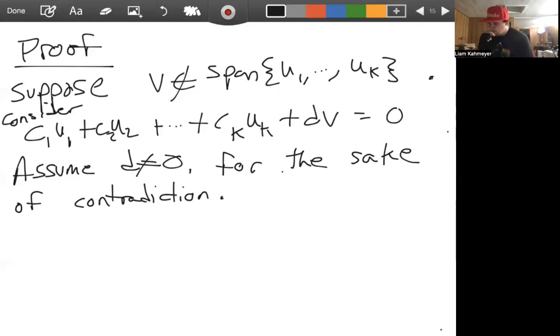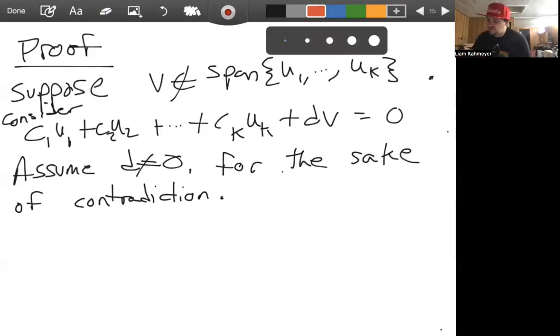Because if we assume d equals 0, then that would be assuming what we're trying to prove, which we can't do. We know c1 through ck is linearly independent. So if you were to get rid of this term, we know c1 through ck would have to be 0.